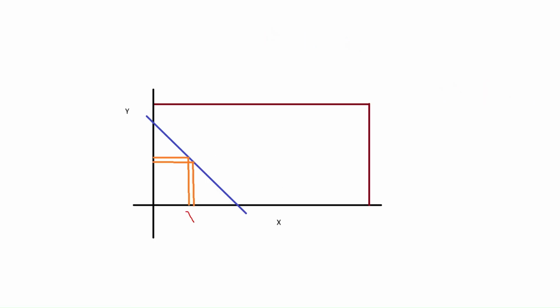Now consider point x on the x-axis here. This blue line is our line x plus y equal to z. So if this point is x, the corresponding y point would be z minus x from this equation.